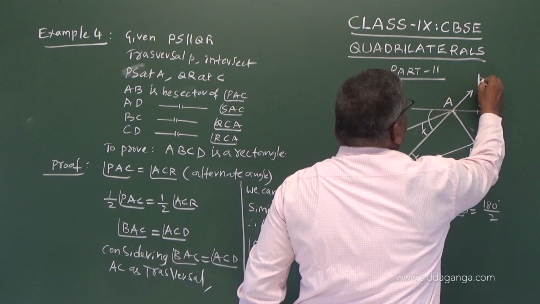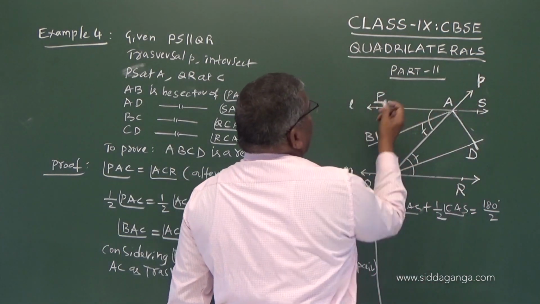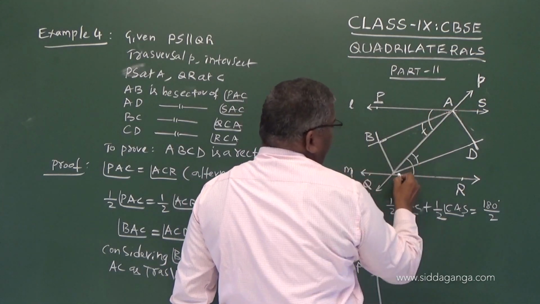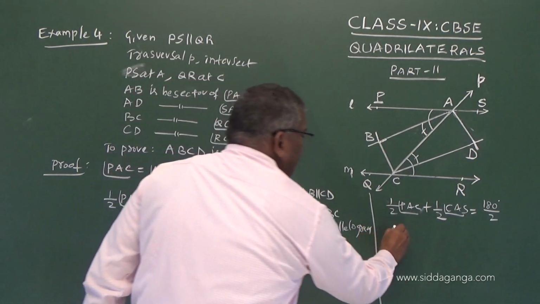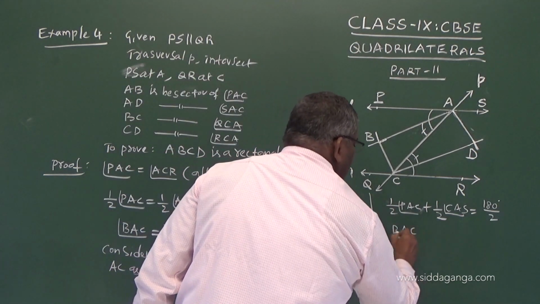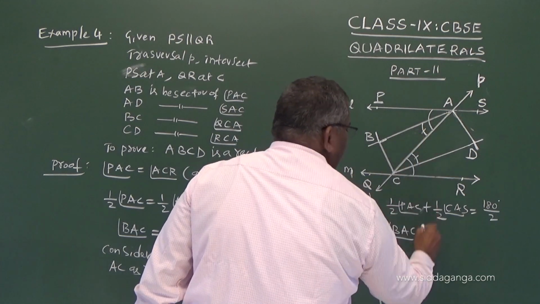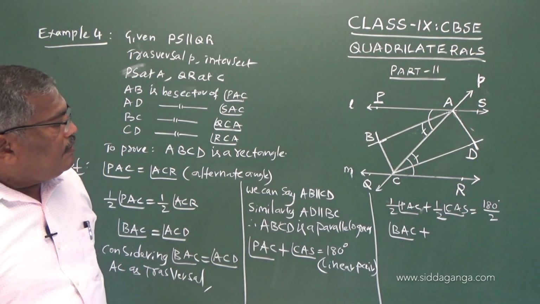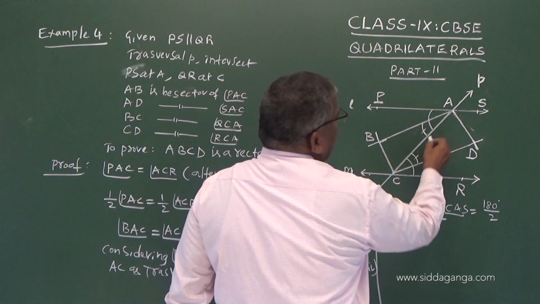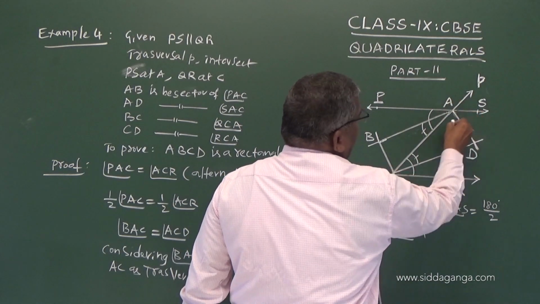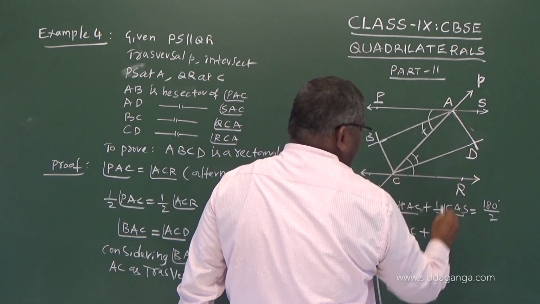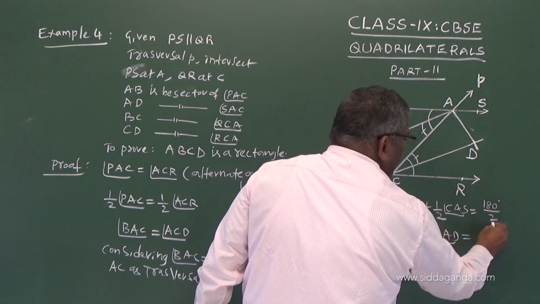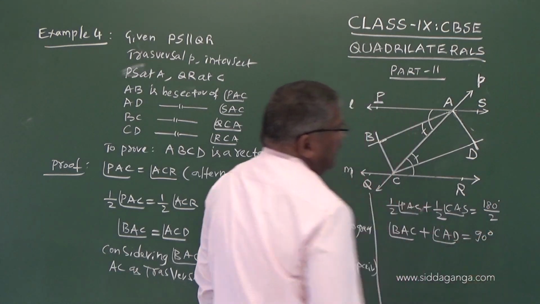Half of PAC we can take as angle BAC, plus half of CAS. CAS is the total angle, half of that is CAD. So this is equal to 180 divided by 2, which is 90 degrees.